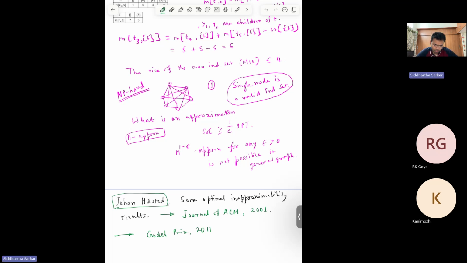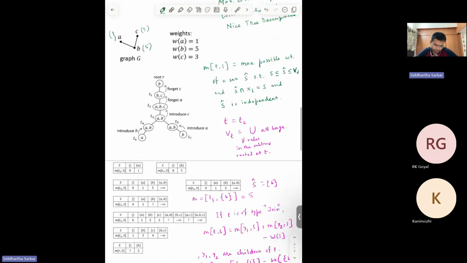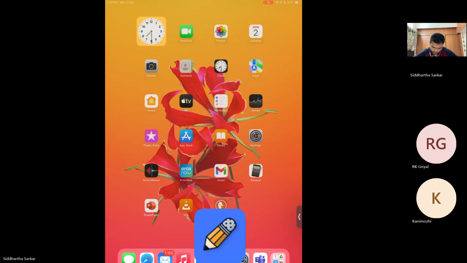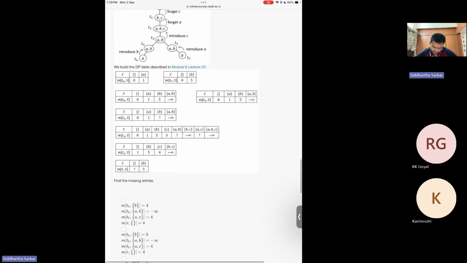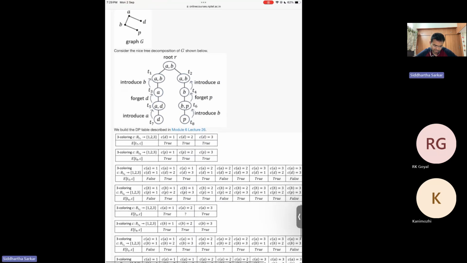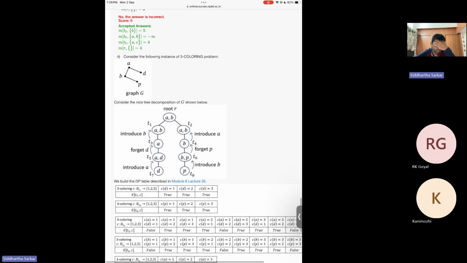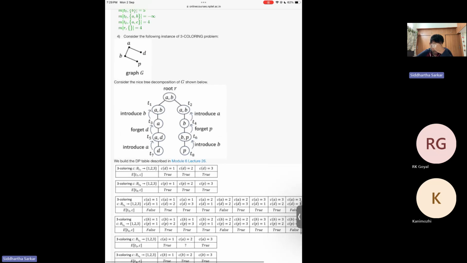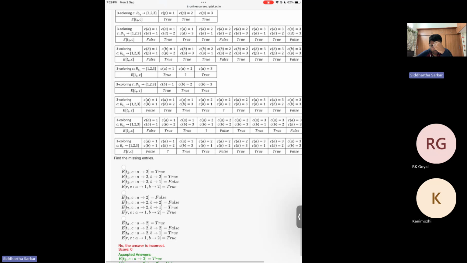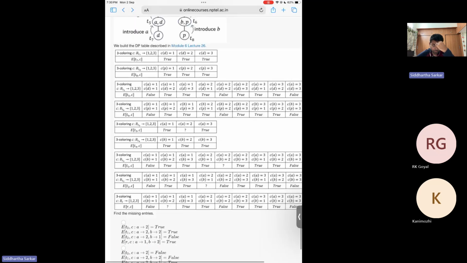Fine. So where are we? The next question is a similar one. Instead of the maximum independent set, we have the three coloring problem, and the DP is considerably more complicated. Going over the DP will not help because it will be just a repetition of what is in the video.